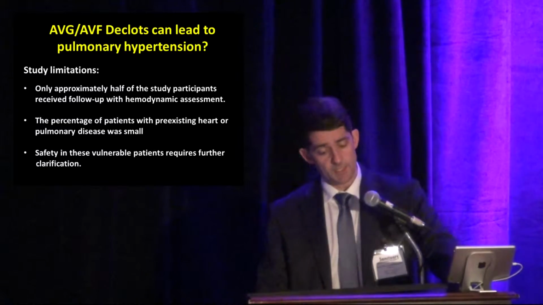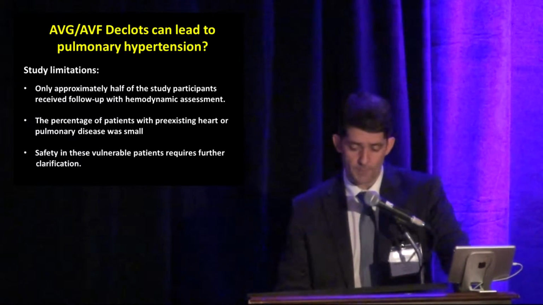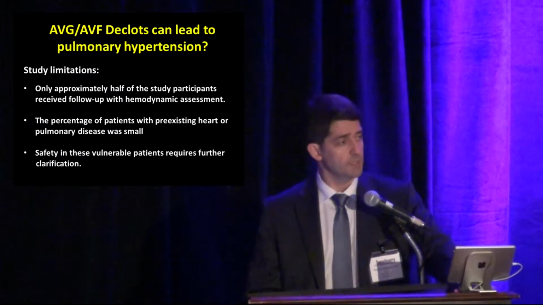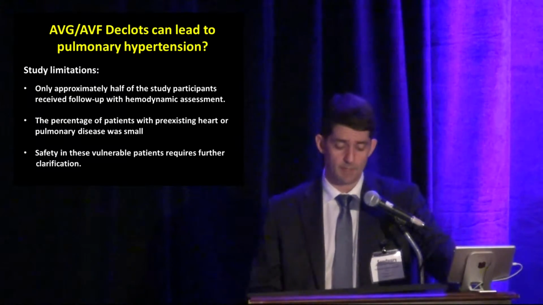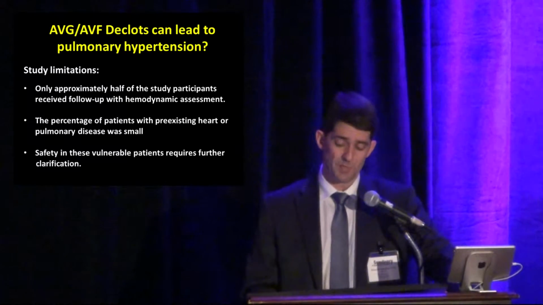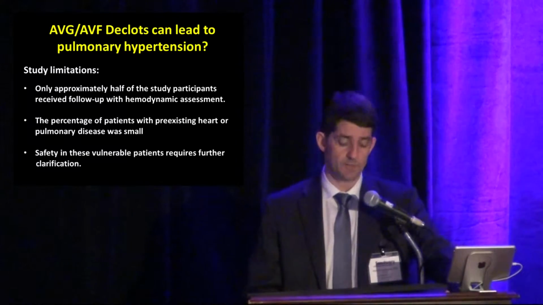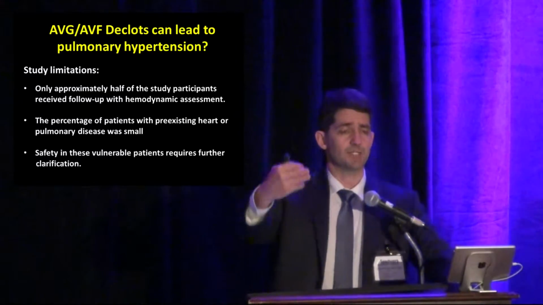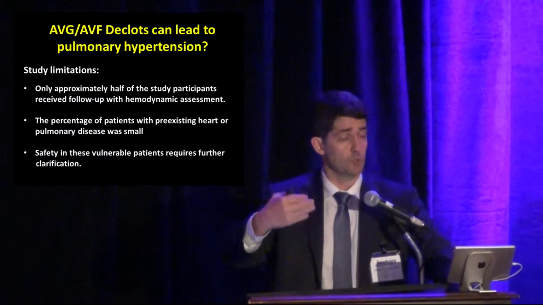However, the limitations of this study are that only approximately half of the study participants received a 1 year follow-up. To me, that's a big bias. The second thing is that the percentage of patients with pre-existing heart or pulmonary disease was small. What I'm trying to say is that PE was not clinically significant because those patients had a good profile.